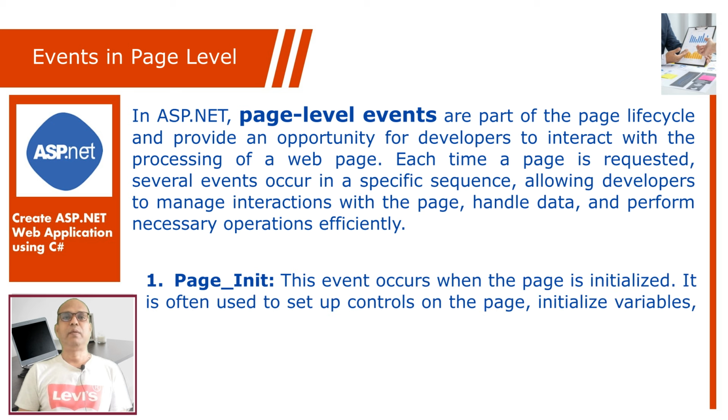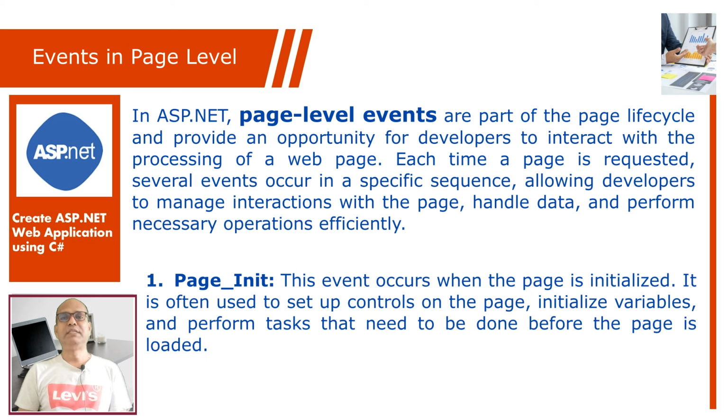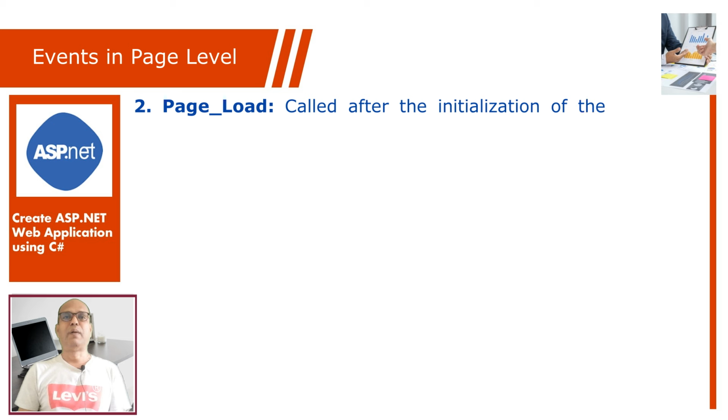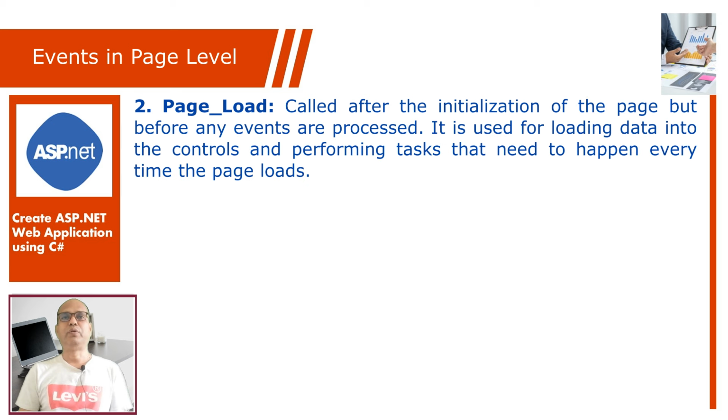Number 1, Page Init. This event occurs when the page is initialized. It is often used to set up controls on the page, initialize variables, and perform tasks that need to be done before the page is loaded. Number 2, Page Load, called after the initialization of the page but before any events are processed.